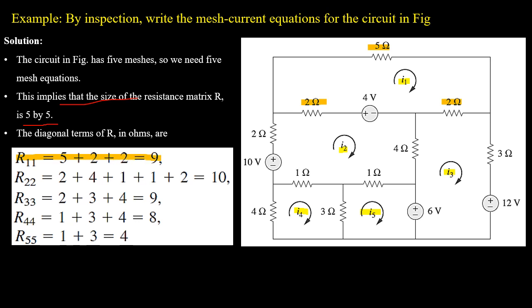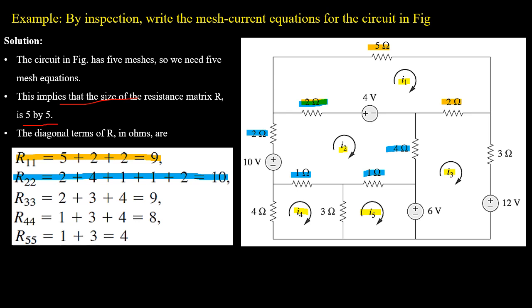Now for R22 we will sum up again all the resistances in mesh 2. So in mesh 2 we have a 4 ohm resistor, a 1 ohm resistor, again a 1 ohm resistor, a 2 ohm resistor and again a 2 ohm resistor. So R22 will be equal to 10.